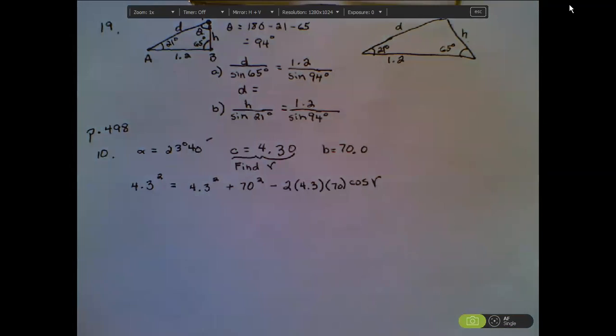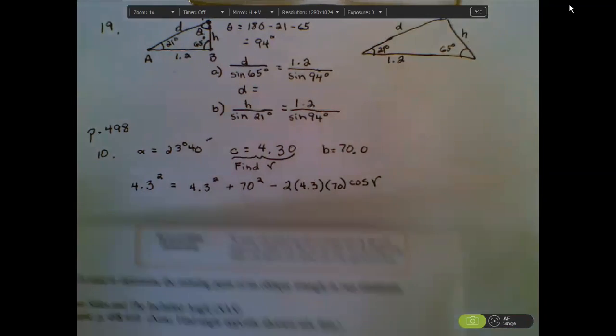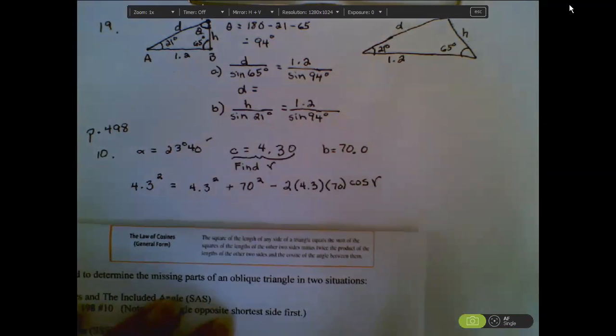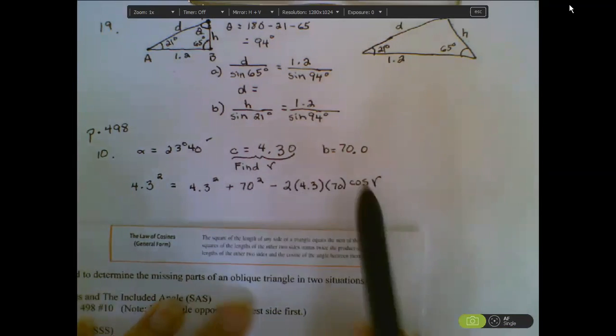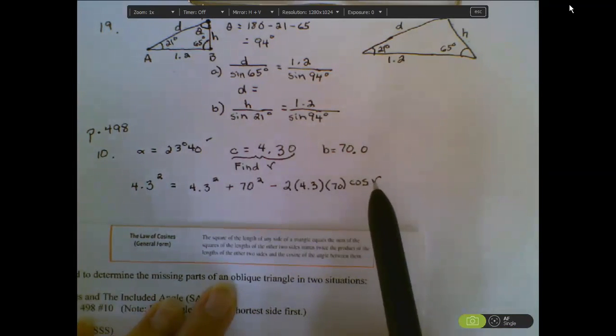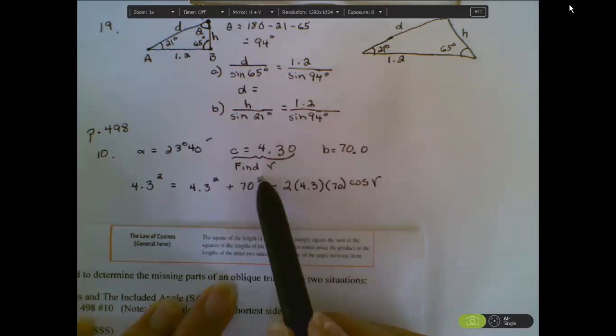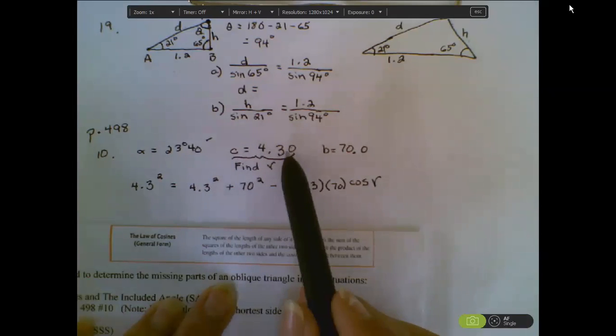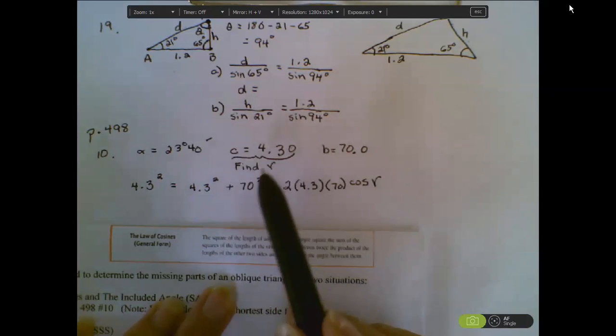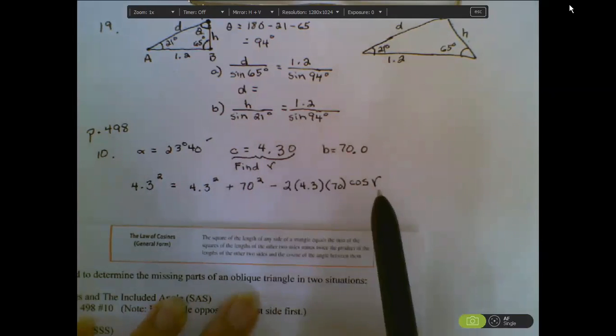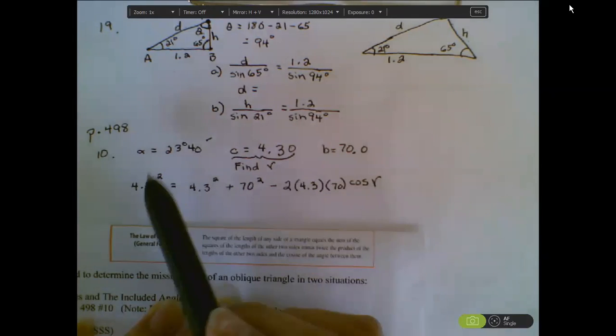But let's look at those words one more time. Let me go back through what I just bungled and say that if I'm looking for the angle opposite the shortest side, which is C, the angle opposite C is gamma. If I want cosine gamma on the right, I have to start with C on the left.